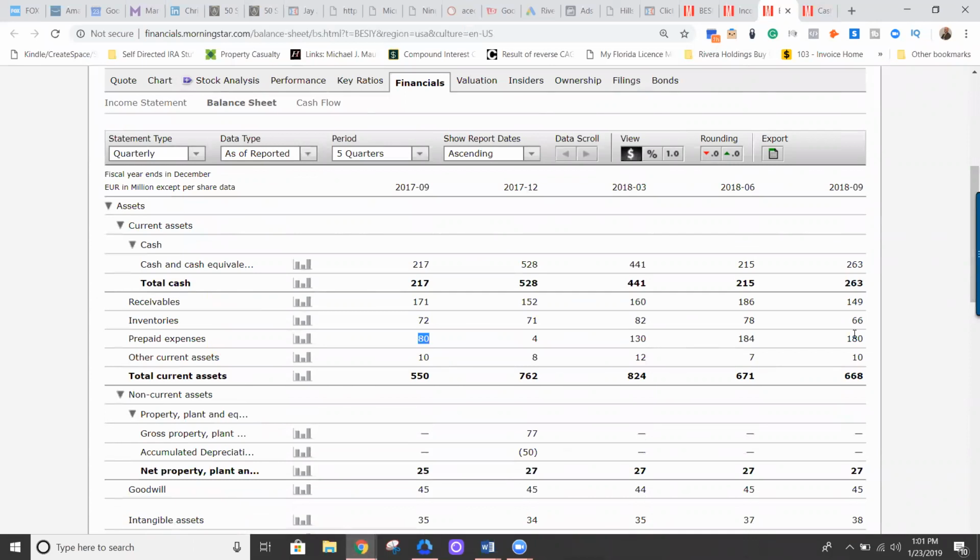So essentially what they did here is they prepaid these expenses now when they have the cash, so they can either use their extra capital or, what's the best way to put it?